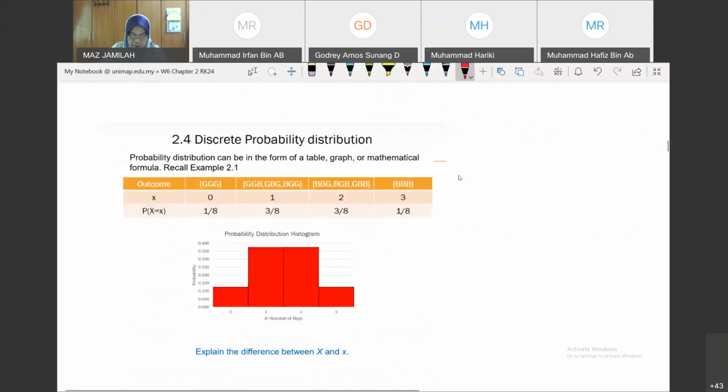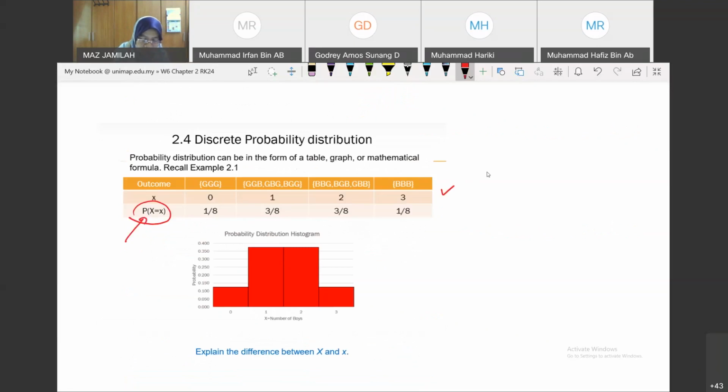Let us see the first one, discrete probability distribution in terms of a table. This is Example 2.1 that we have discussed, about having a boy in a three-sibling family. This is what we call the probability of x.